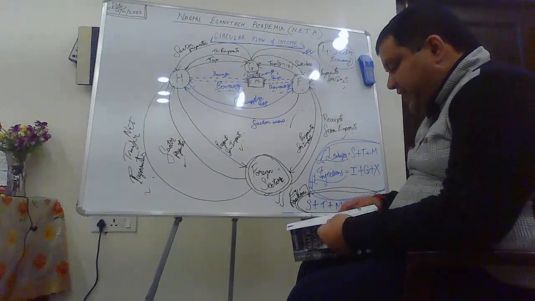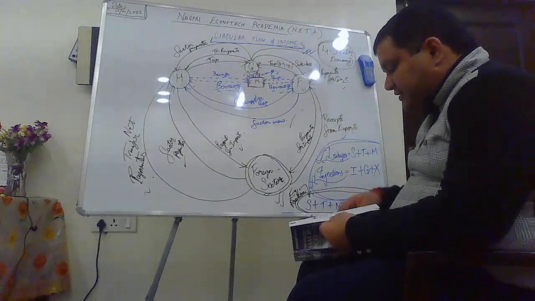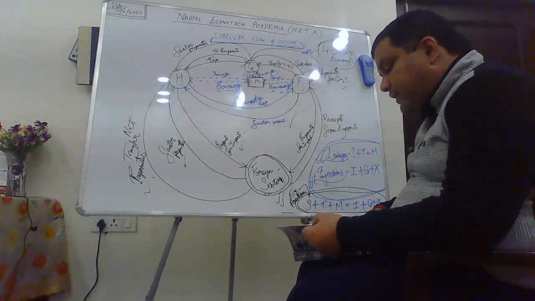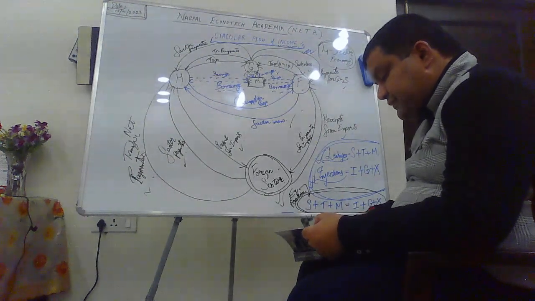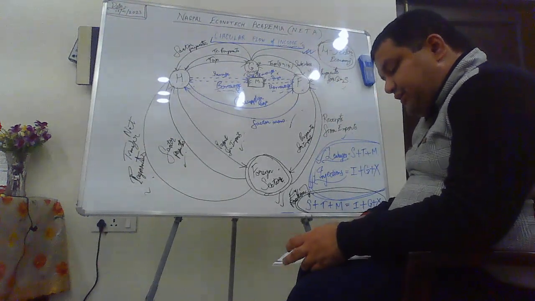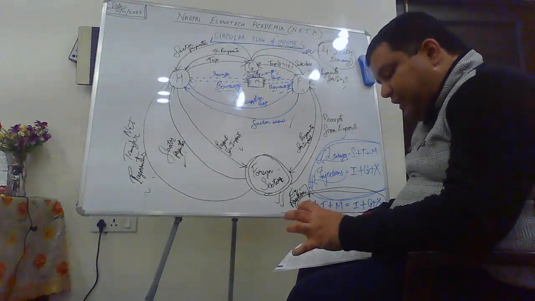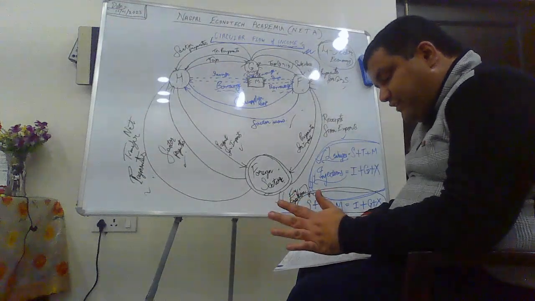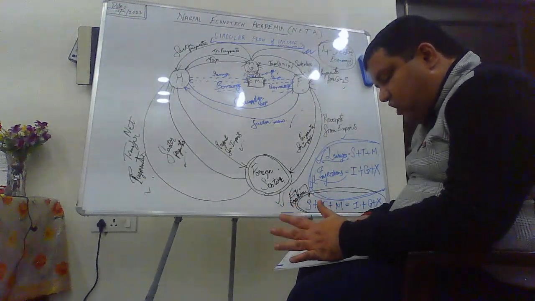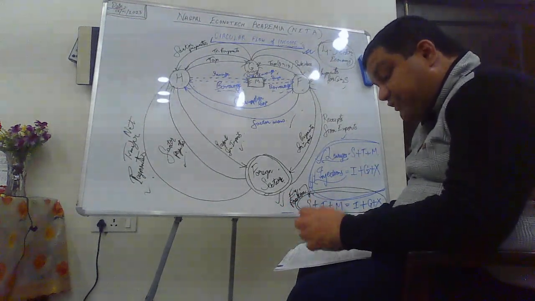Now here, dear friends, I would like to introduce another concept of stock and flow. Basically, the concepts of stock and flow are used frequently in macroeconomics. Some of the macro variables relate to stock while others relate to flow.